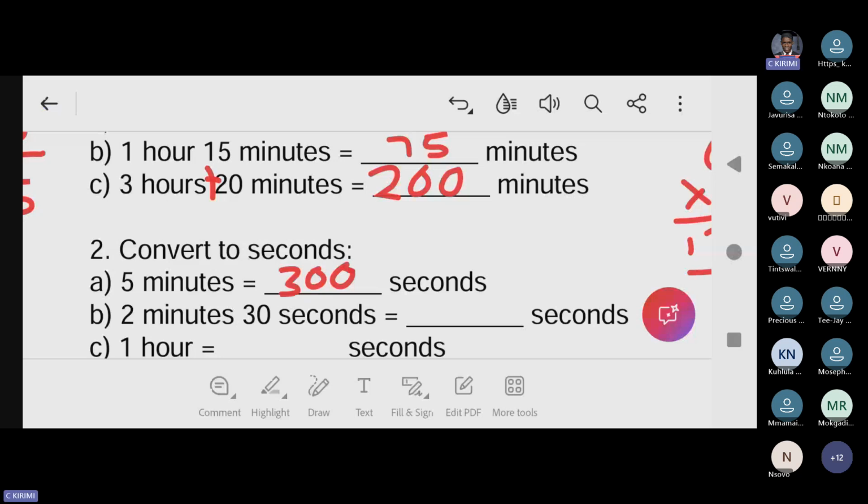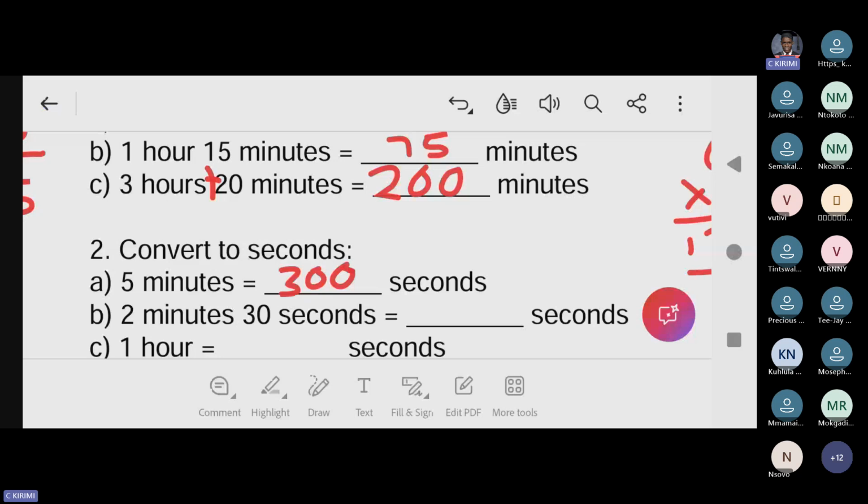Then for number B, 2 minutes, 30 seconds. It indicates that they are adding 30 seconds to the 2 minutes. So it's 2 minutes plus 30 seconds. You must take note of that. So how are we going to work that one out?